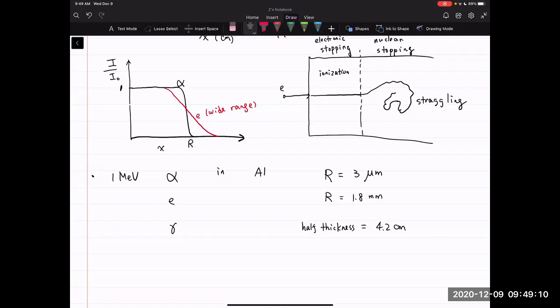Normally, if you wear gloves, they can already protect you from alpha particles. The electrons are slightly more difficult, and the photons are, of course, the most difficult to shield. So this is important for radiation shielding and health physics.